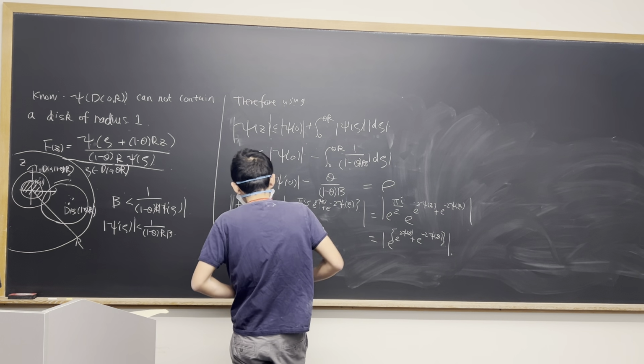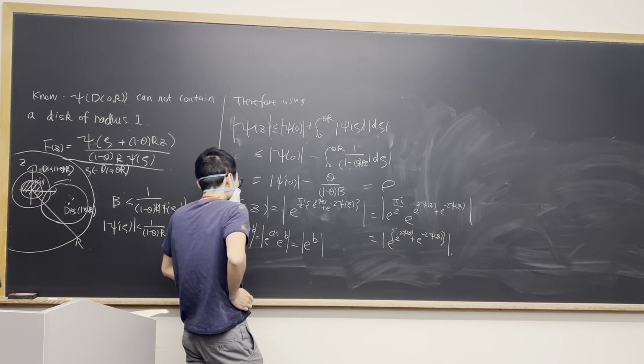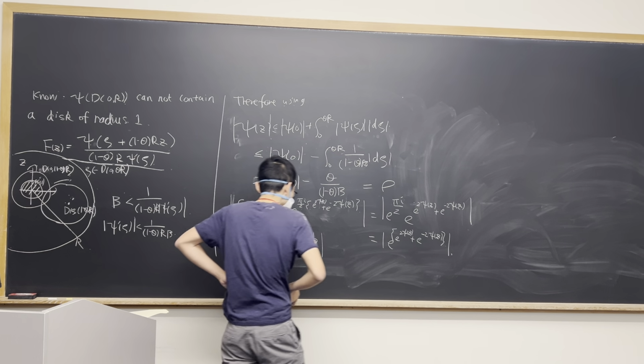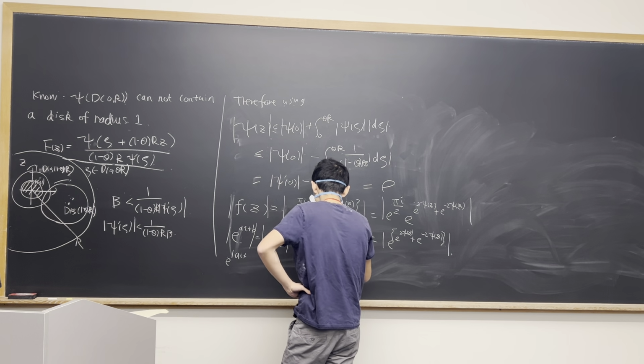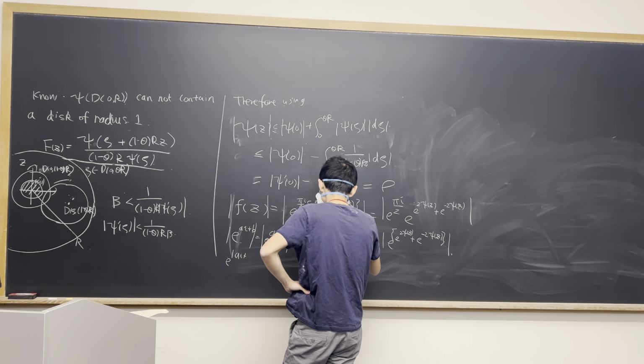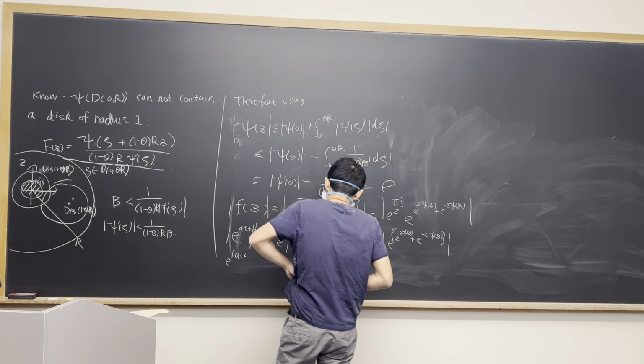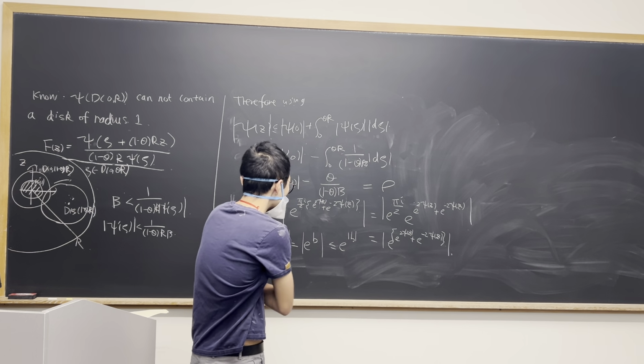All right. So now what happens next? The thing is that this is less than or equal to e to the absolute value of b, right?